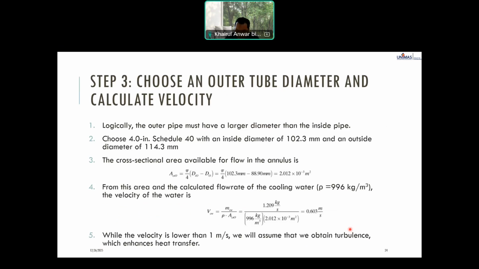However, this would only give a difference of 1 mm between the outer diameter of the inside part to the inside diameter of the outside part. The better choice is 4 inches with inside diameter of 102 and outside diameter of 114.3 mm.